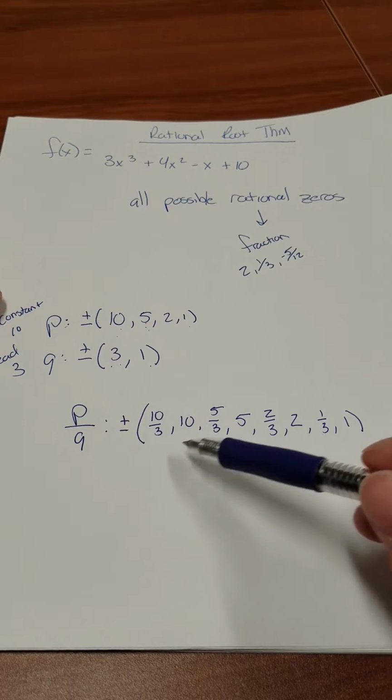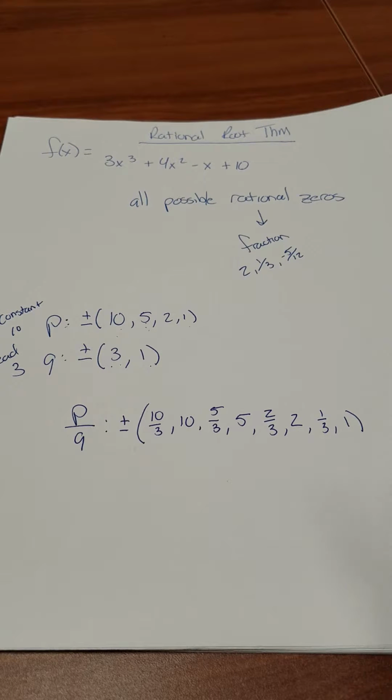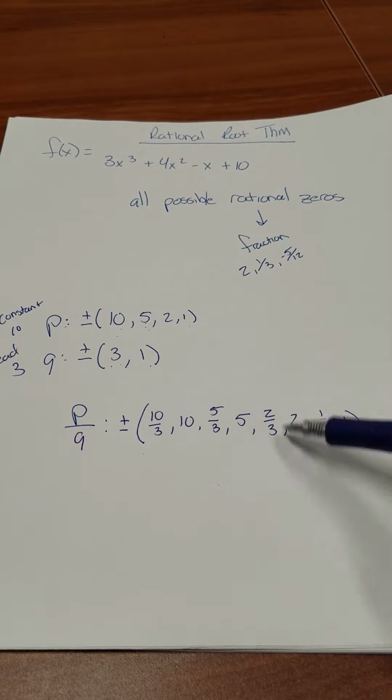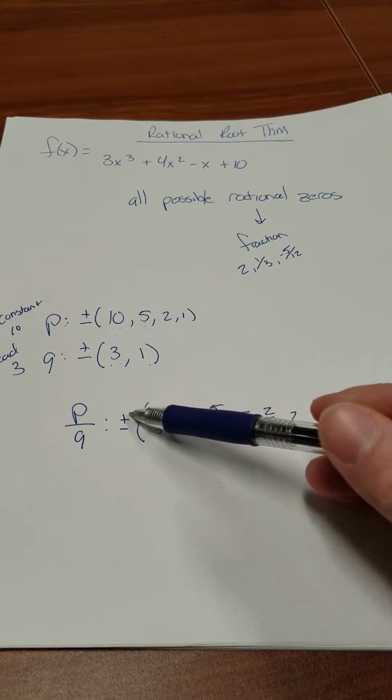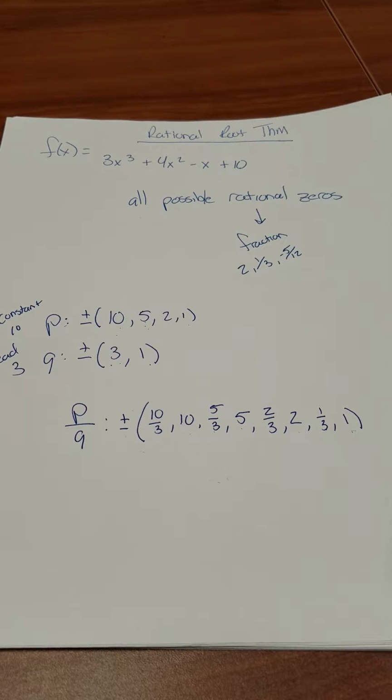So that is a list of all possible rational zeros. If there is a number that will be a solution, it is listed in this set. There are 1, 2, 3, 4, 5, 6, 7, 8 times 2, because remember all these are positive and negative. So there's 16 possibilities right here. Okay? So if it asks you to find all possible rational zeros, that would be your solution, and you don't need to go any further.